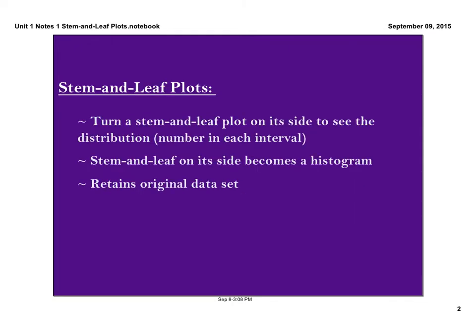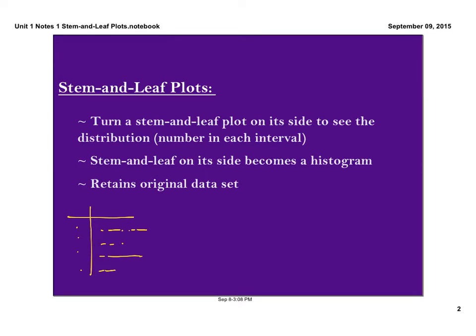So there's a few nice things about stem and leaf plots. There's a couple of things that are really beneficial for us. One of them is if you turn the stem and leaf plot on its side, you can see the distribution, and it turns itself into a histogram. A stem and leaf plot looks kind of like this, where you've got your stems down here, and then you've got your data points coming out this way, depending on how many are in each stem.